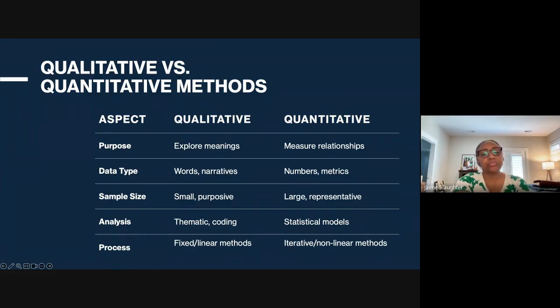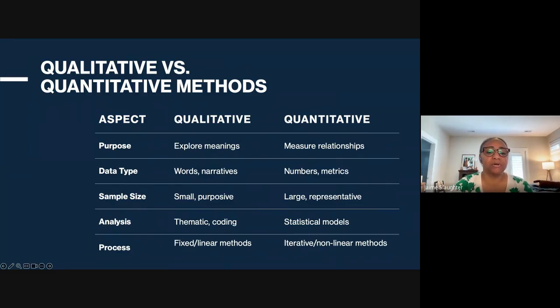So when we think about qualitative research, think about purpose, right? Qualitative research helps us explore meanings, where quantitative research allows us to measure relationships on a larger scale, and also allows us, if our data is representative, to make generalized inferences.